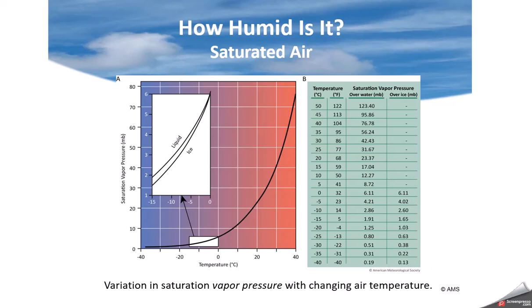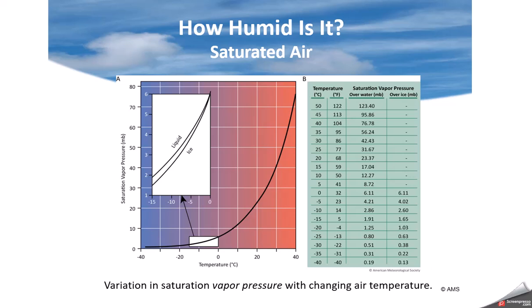Well, we have a chart here. And notice the saturation vapor pressure goes up as the temperature goes up. So warmer air can hold more water. More water vapor is in the warmer air. In other words, in summertime, we have a lot more water in the air than I do in wintertime.